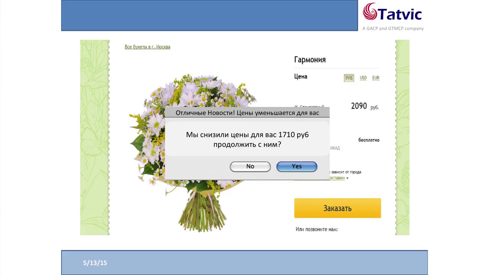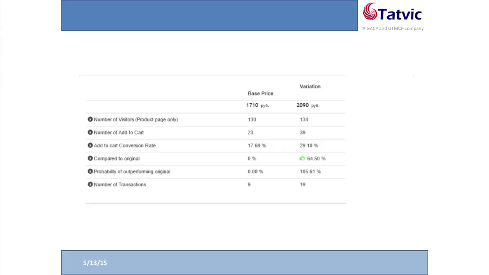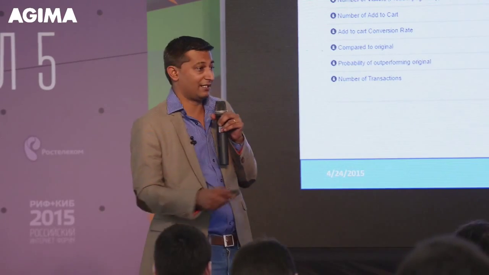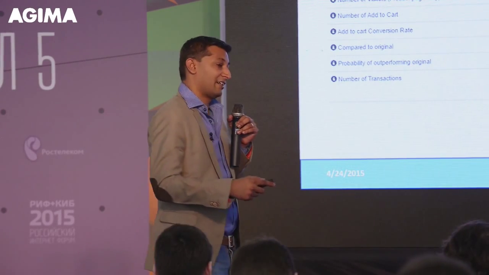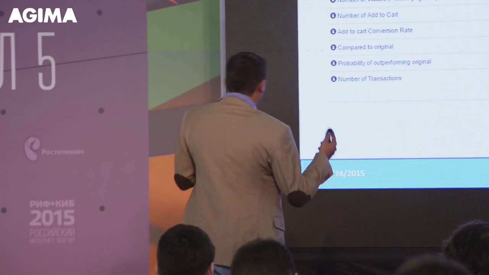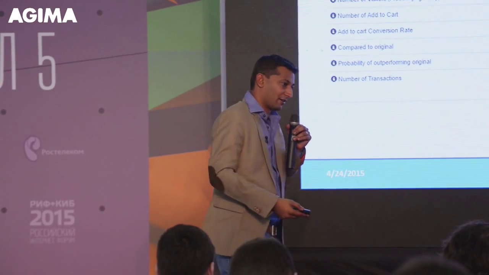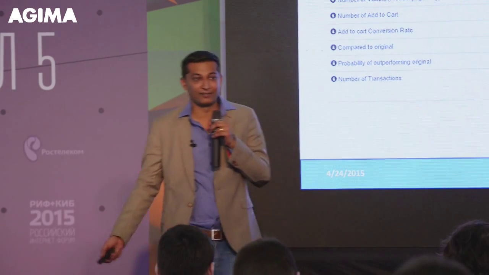However, in this entire process, we learned how many people clicked on add to cart at 1710 and how many people clicked on add to cart for 2090. So we essentially increased the price and measured whether there are people, even at a higher price, willing to add the product to cart without bothering that it's a higher price.